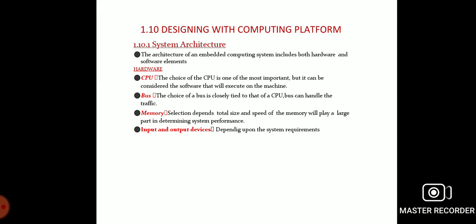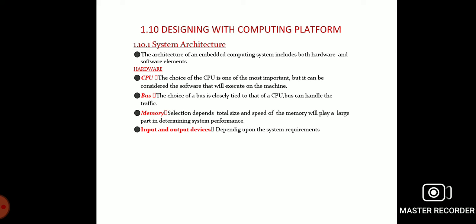Next one, designing with computing platforms. First one is the system architecture. The architecture of an embedded computing system includes both hardware and software. The hardware includes different elements: CPU, buses, memory, and input output devices.